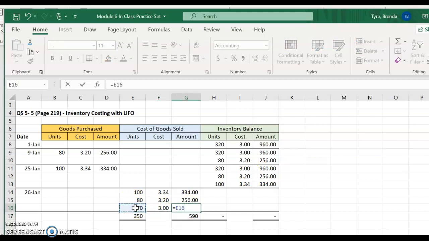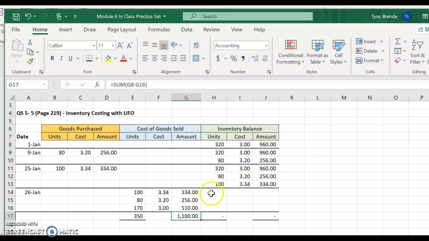Extend that. And so my total goods are 350 units. My cost of goods is 1,100. Over here, what do I have left? I don't have any of this 100 group. Those were all sold. I don't have any of this group at the $3.20 layer.